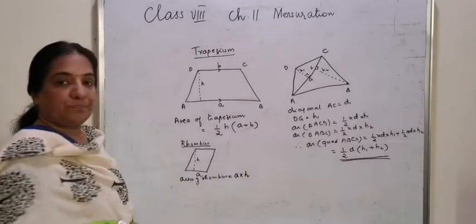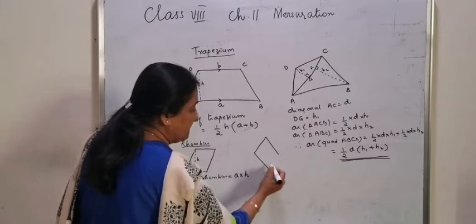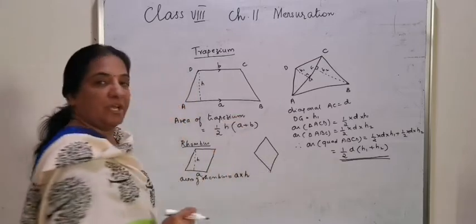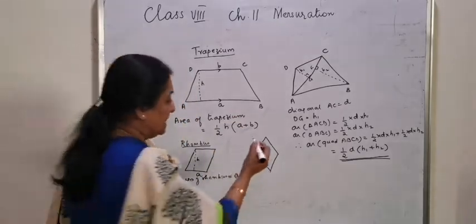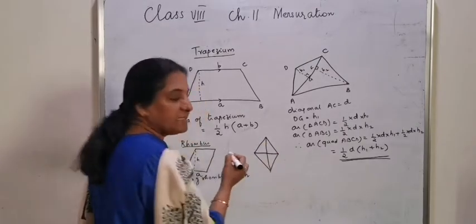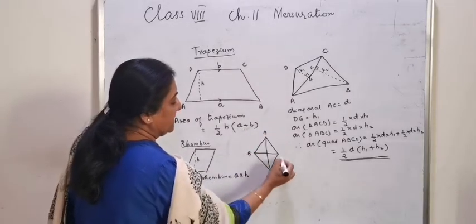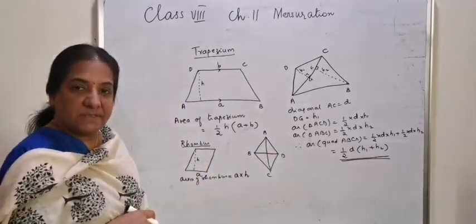into h. We can also represent the rhombus in this particular shape, which shows that the diagonals of a rhombus bisect at right angles. So, let ABCD represent the rhombus.